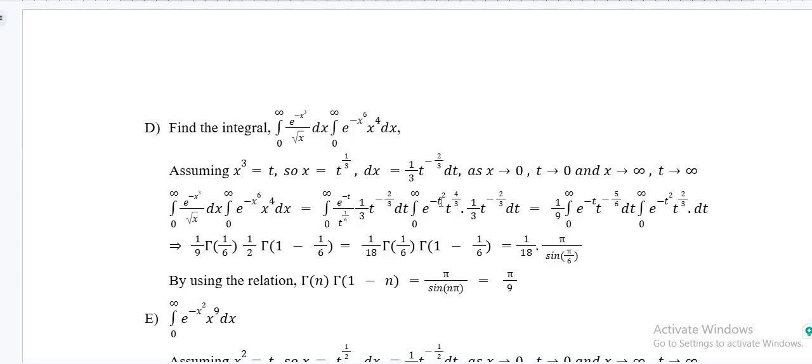And the second integral, what is there? We have e to the power minus x to the power 6. x to the power 6 can simply be written as e to the power minus t squared. And this is t to the power 4 by 3, and dx is equal to 1/3 t to the power minus 2/3 dt. So this factor is there.